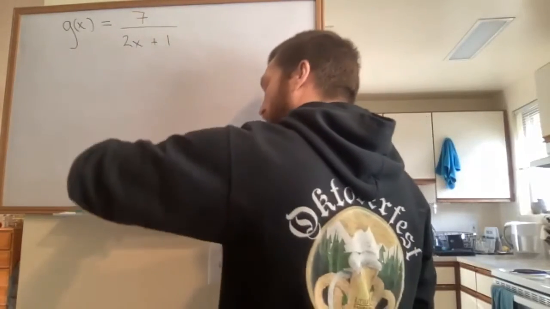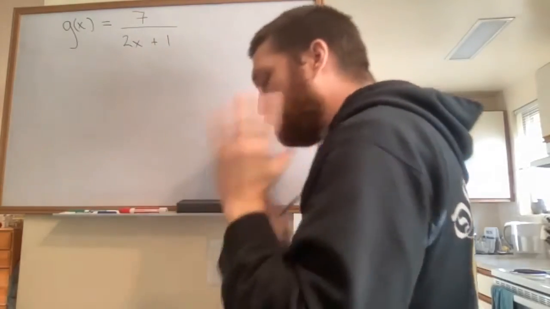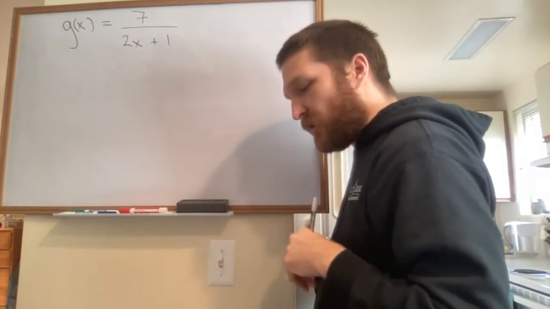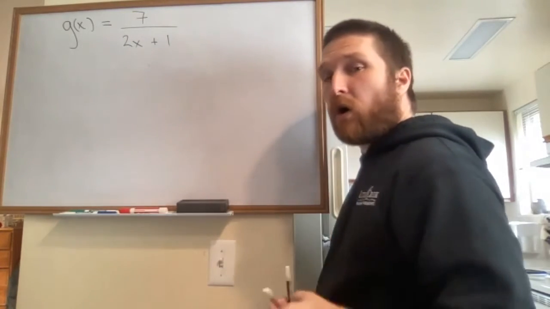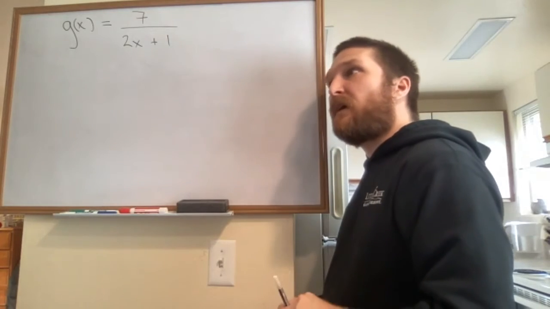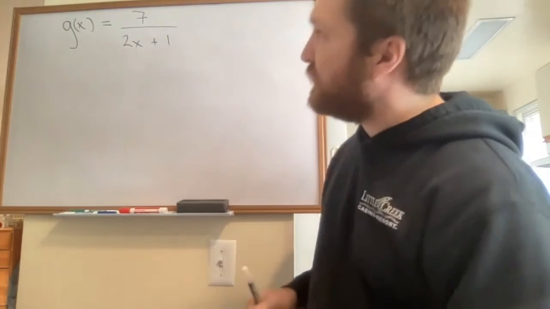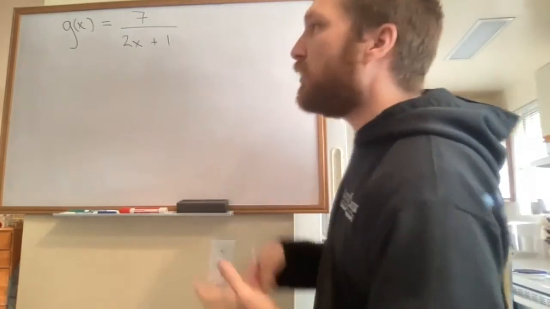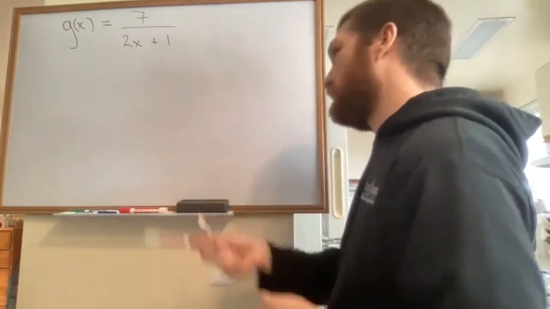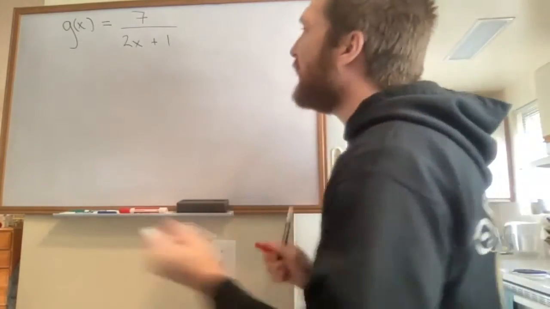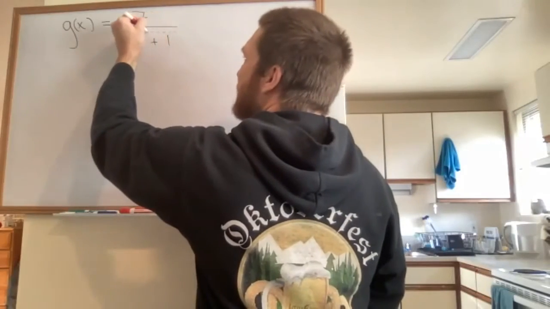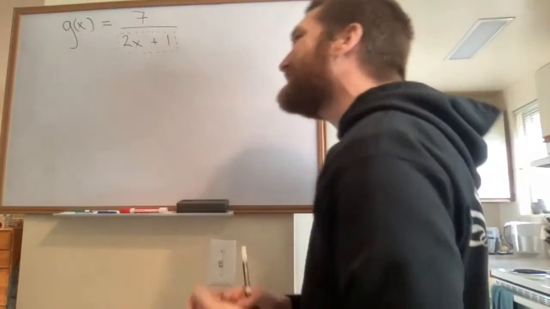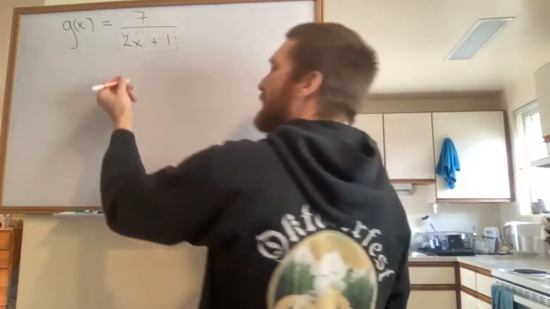exactly. So let's think this through. I just said we want to write the domain of G in interval notation. And so I think, okay, what are all the allowable inputs? I look at the actual function that's given and I say, well, there's no problem with plugging in, say, 0. But there's one thing I can't do, and that is that whatever is in the denominator cannot equal 0.